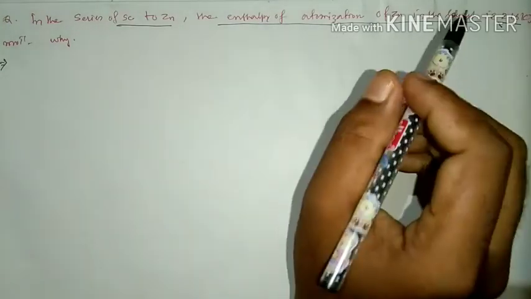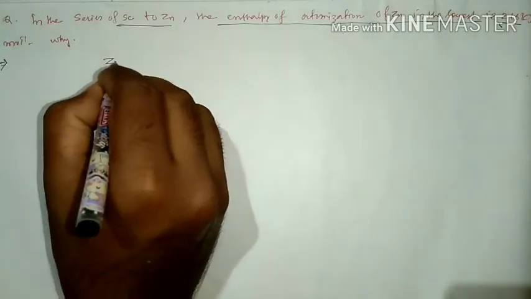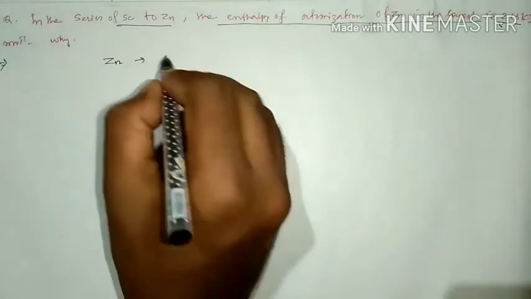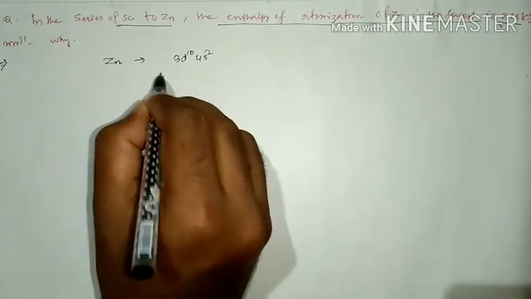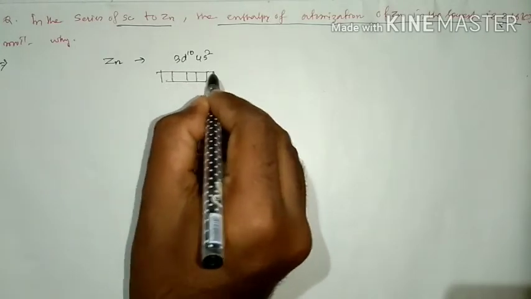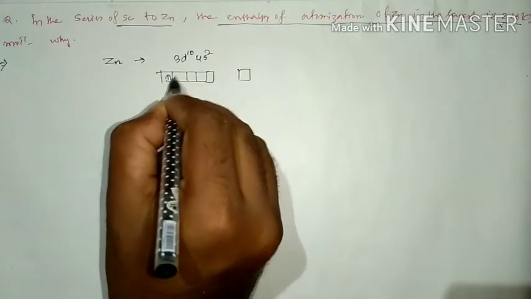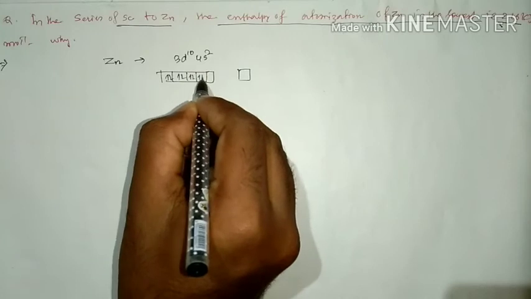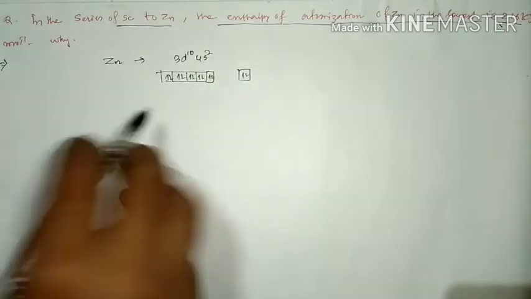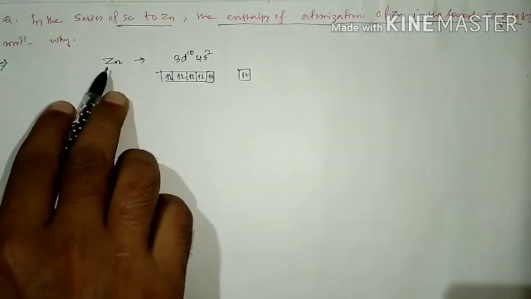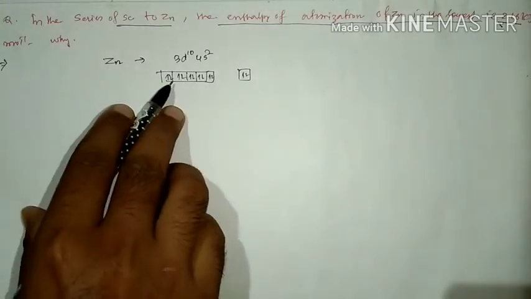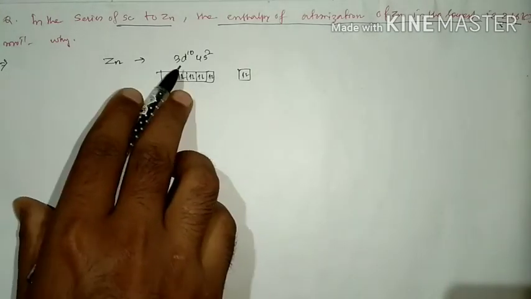Why? See, if you see the electronic configuration of zinc, then you will get 3d10 4s2. That means all of the d orbitals are completely filled up. In other words, in the zinc metal, there is no unpaired electron in the d orbital.